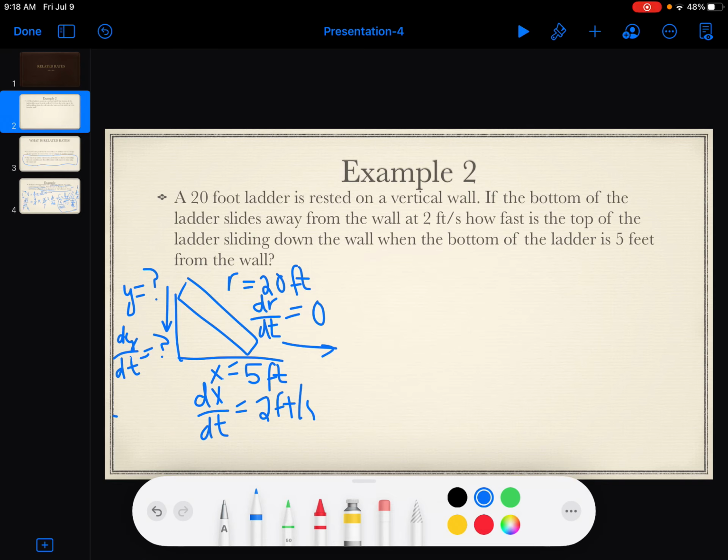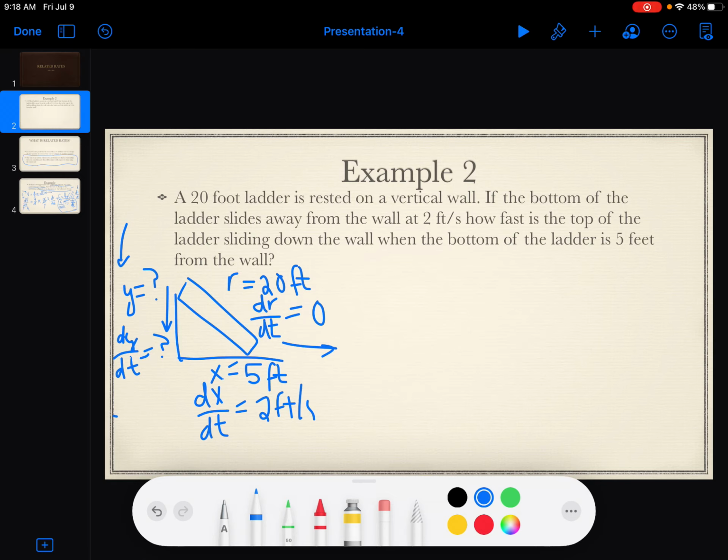So drawing a diagram can really help with this. And look, all of our information is clearly laid out, and we can just figure out each different aspect. And the first aspect we should be trying to figure out is, well, what is y? Not dy by dt, but what is y itself?